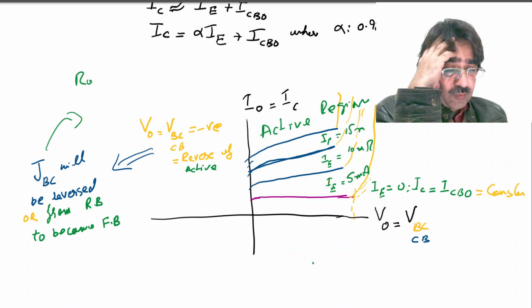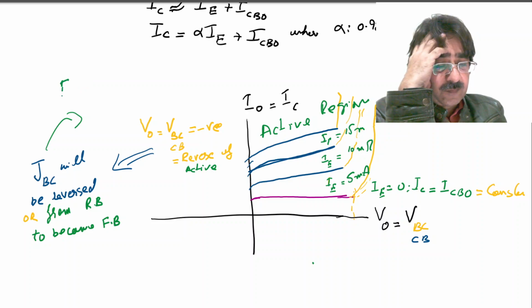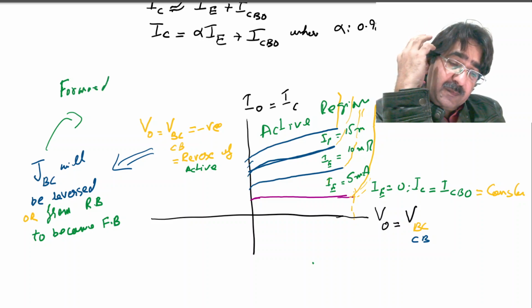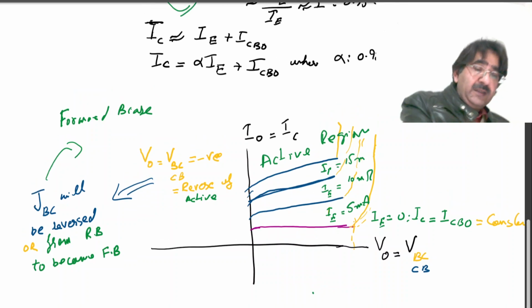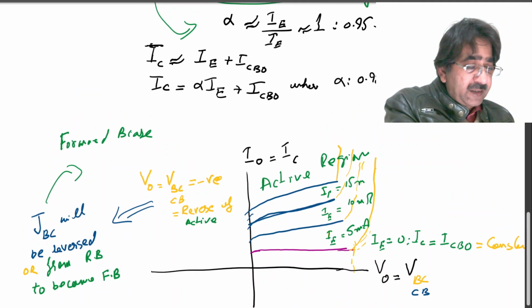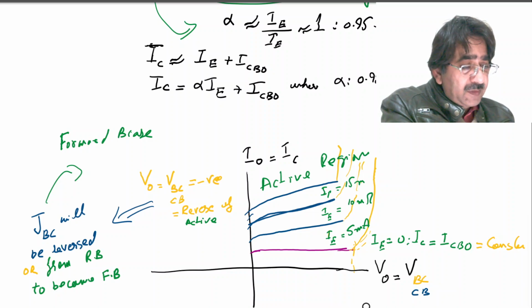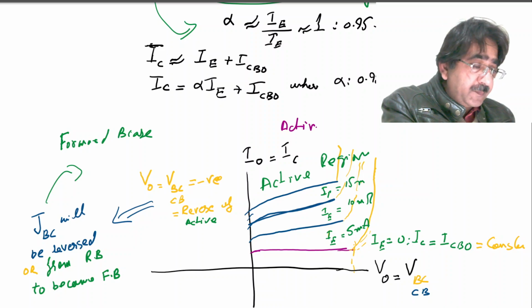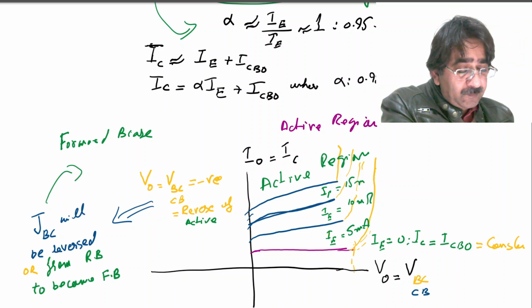Okay, so JBC becomes a forward bias. So when this becomes a forward bias, then this region, because this is an active region, this region will be the active region, okay, and this will become the saturated region.